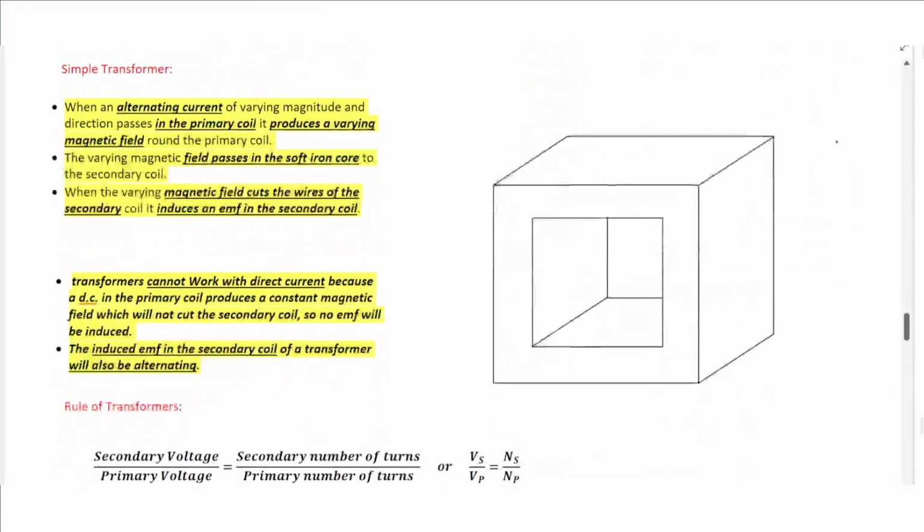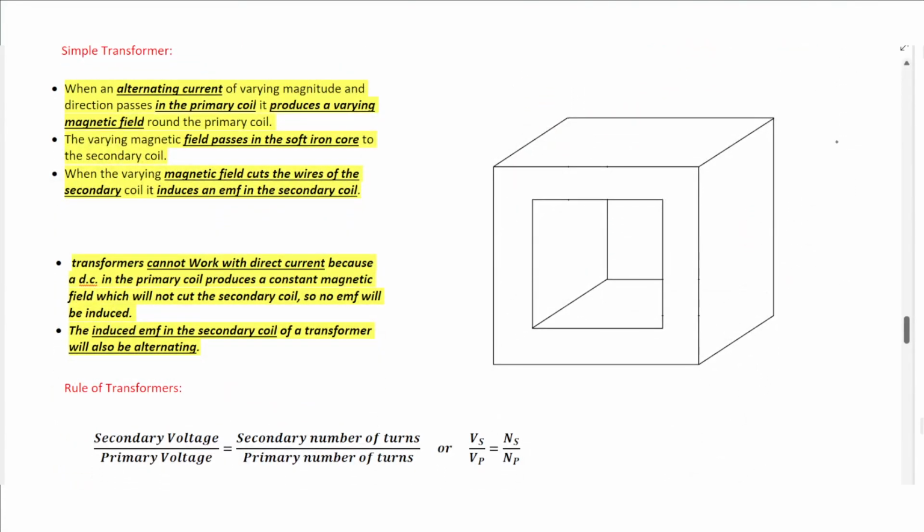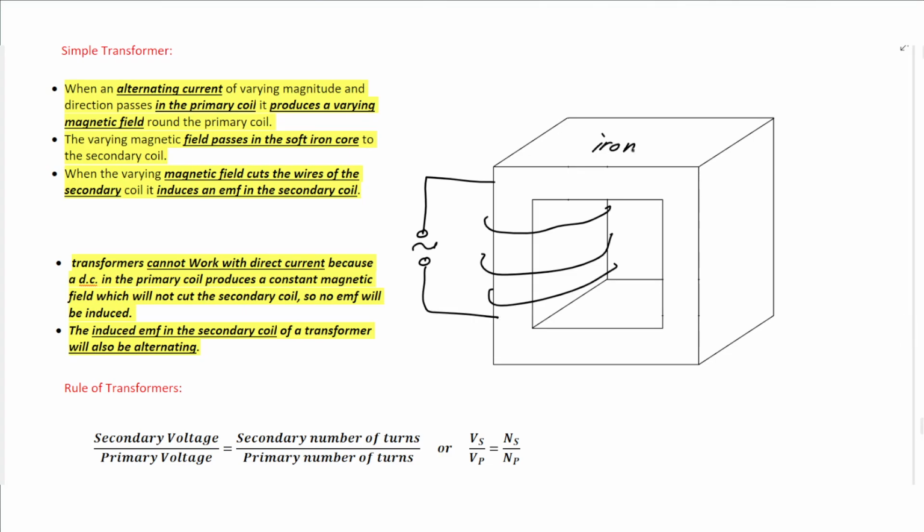If you are asked how a transformer works, you must say three sentences at least. The first sentence is that the alternating current in the primary coil, so the primary coil is connected to an AC supply, it must be an AC supply, because an alternating current creates a changing magnetic field. And the iron core is used to increase the strength of the field or transfer the field to the secondary coil.